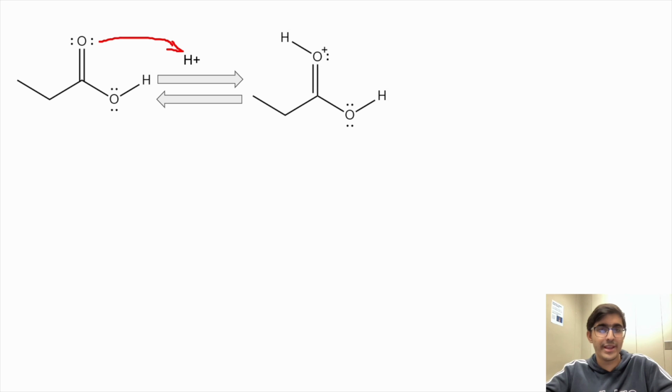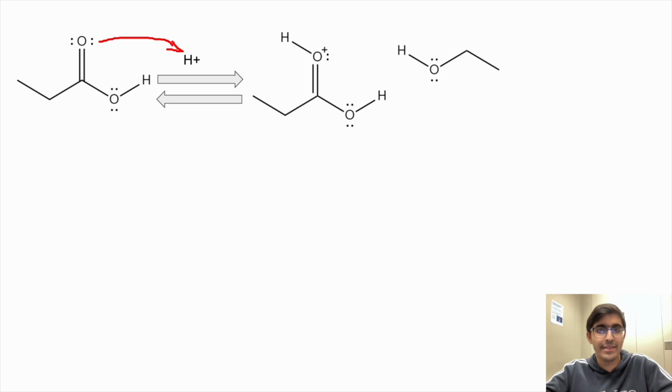And so now this protonation has really strong effects on the structure. The carbonyl oxygen is now positively charged. And since it's positively charged, it can more strongly draw in negative electrons. And so what that means is that the carbonyl carbon is now more electrophilic.